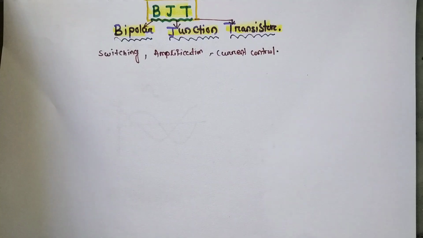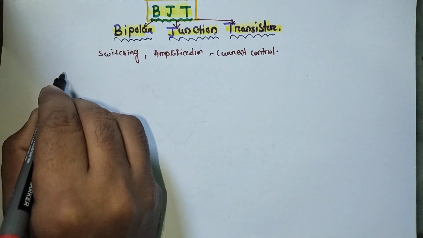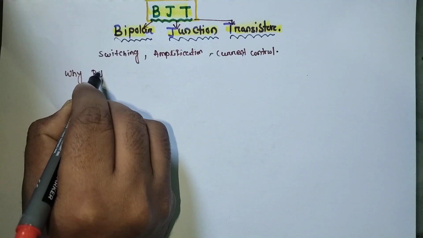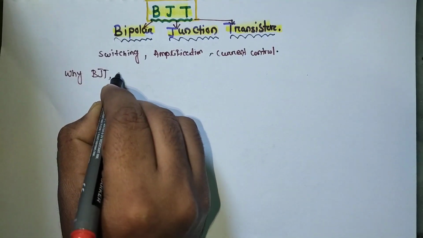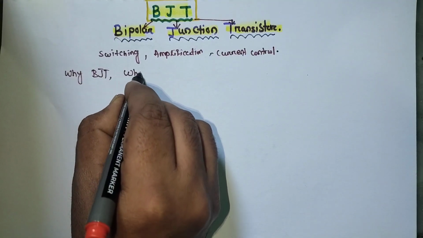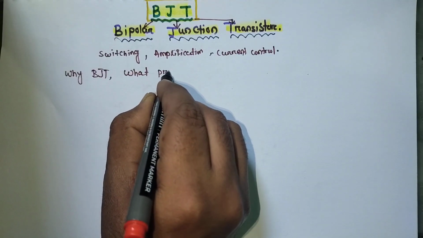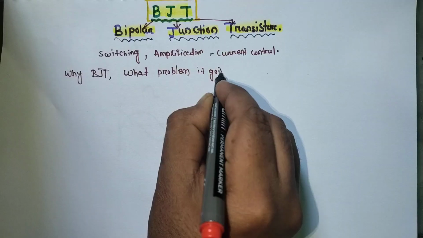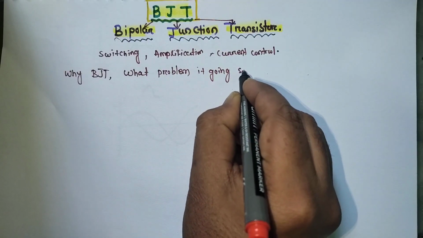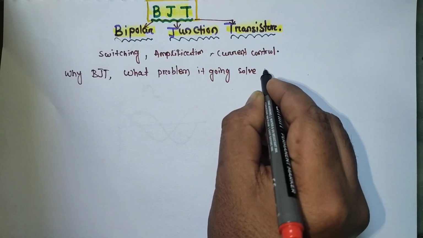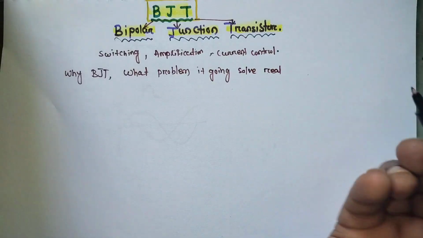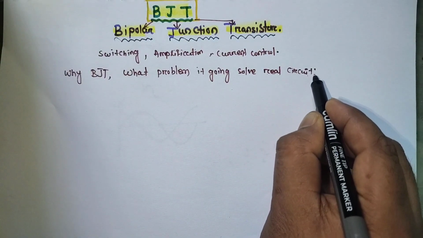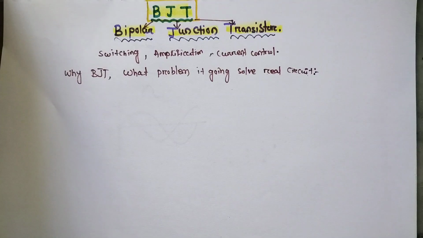Before going into depth, first we need to know why we need the BJT, what problem it solves in our real design or real circuit. First we know the importance of BJT.